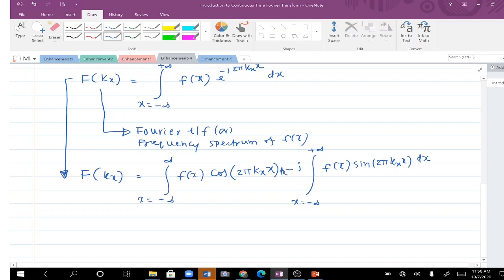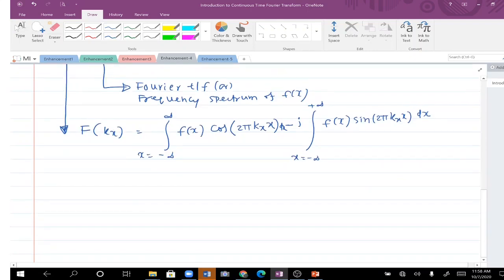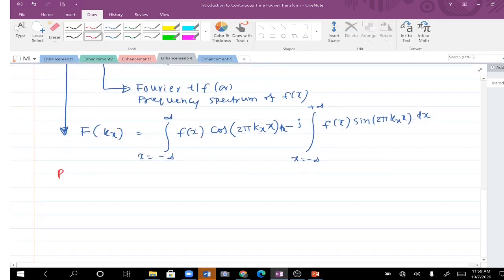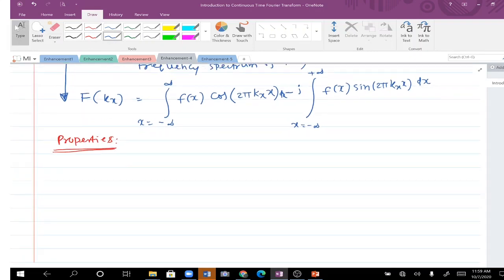That's the expression. Anyways, you have done a thorough analysis of it in your earlier courses, so I'll restrict myself to analyzing only a few important properties here. The rest, I request you to go back and refer to your earlier course notes for signals and systems as well as DSP. One important property that I want you to pay attention to is what happens when your f(x) is real.